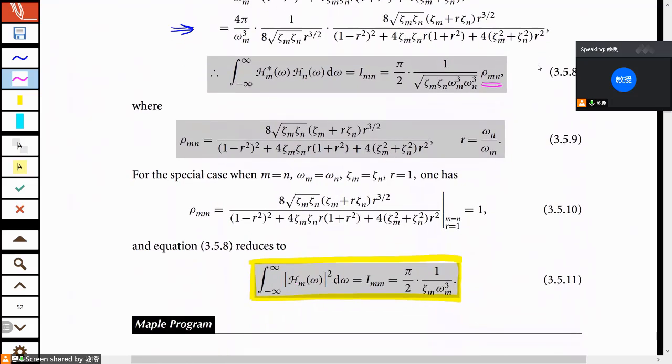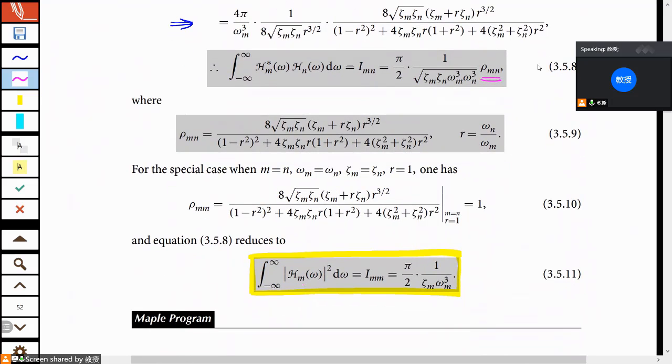For the special case when m is equal to n, we have this integral, and that's the result. Okay, so that's a simple introduction of how to use Maple to evaluate a complex integral using the method of residue.